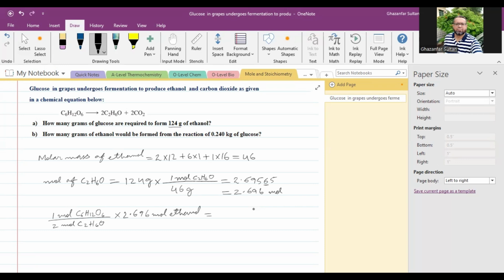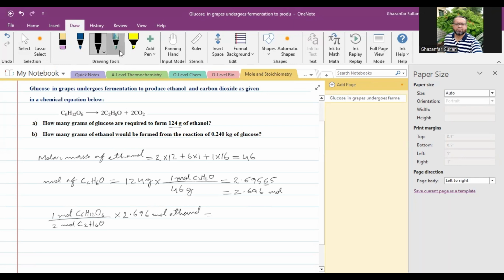So we have to arrange the number of moles in a way that moles of ethanol can be cancelled and the remaining would be the moles of glucose. If ethanol here is in the denominator, then it should be in the numerator.